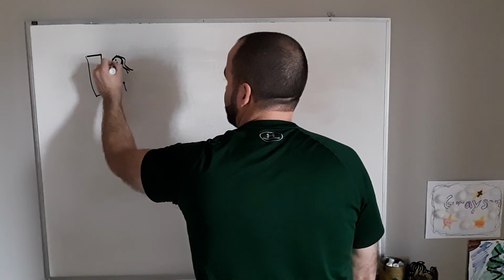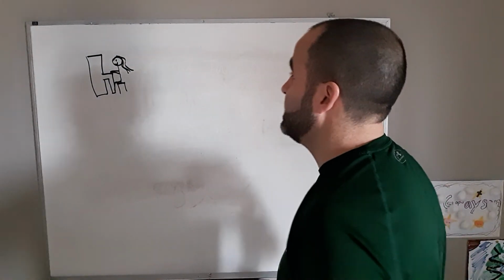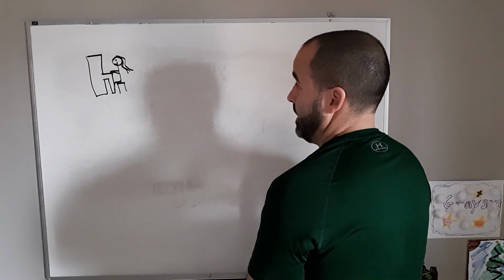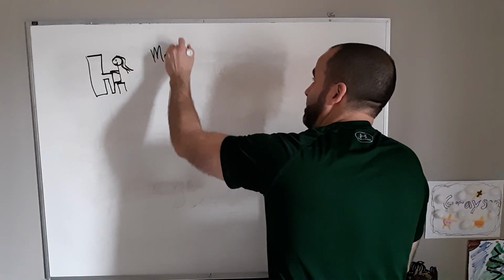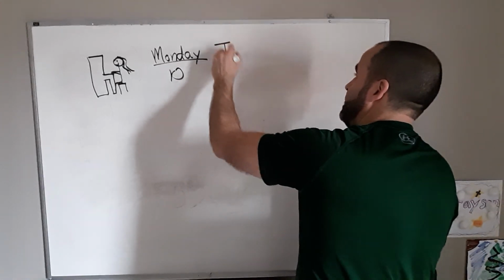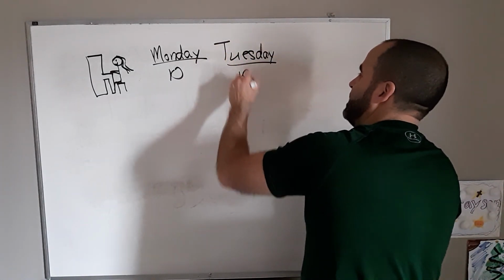La-dee-dee. And she loves to play piano, so she's smiling. So there's Natalie playing the piano. Now she's going to do this every day for 10 minutes. Okay? So, starting on Monday, she plays for 10 minutes. And then Tuesday, she plays for 10 more minutes.